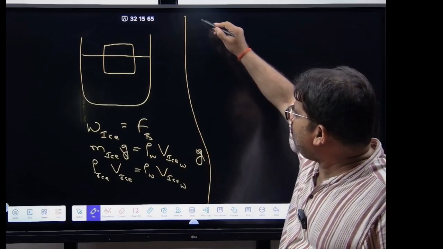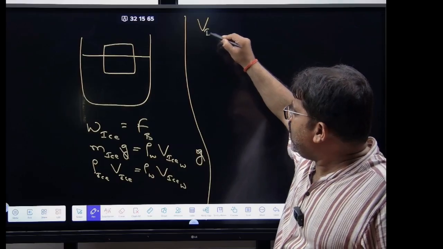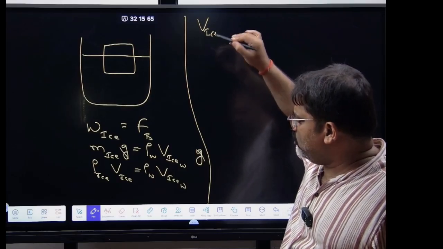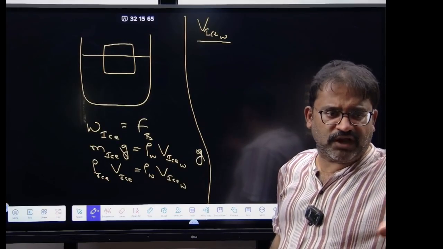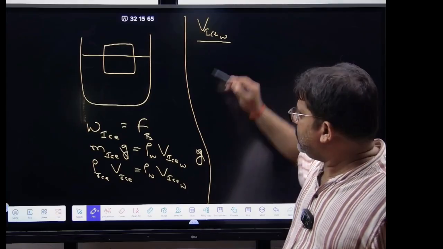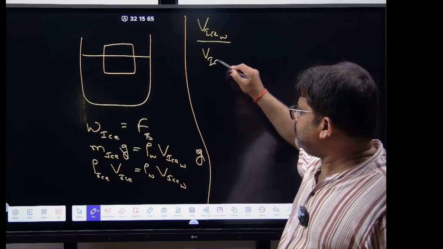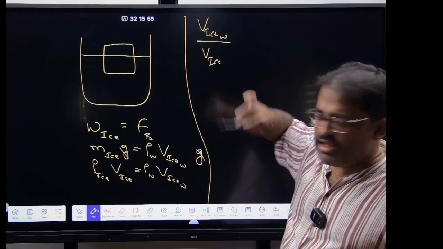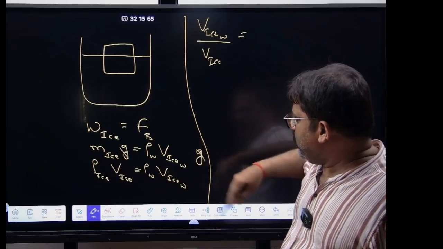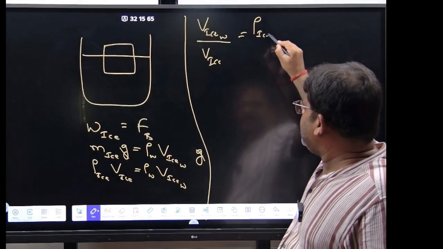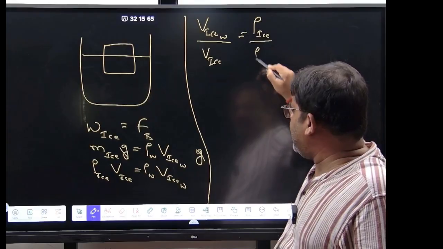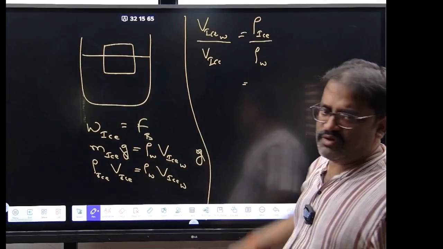Fraction of ice means amount of ice, that is volume of ice in water divided by total volume of ice. That is equal to density of ice divided by density of water.